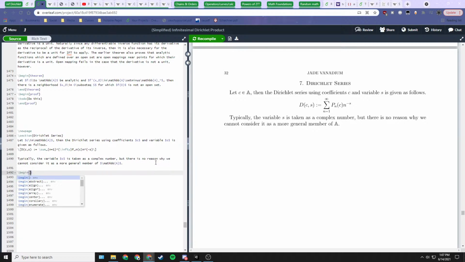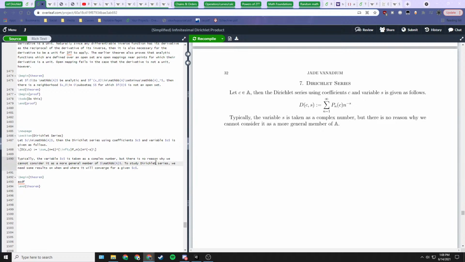So we'll say, actually we want to define a function first. Okay, so to study this function, or rather to study Dirichlet series, we need some results on where, or rather when and where it will converge for a given c.